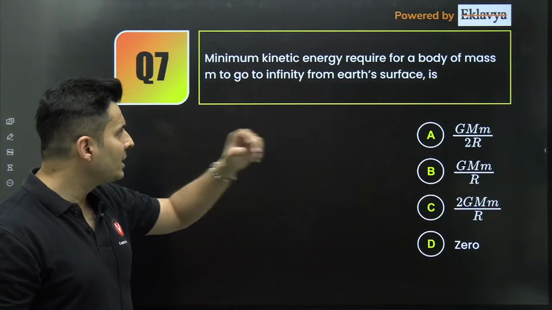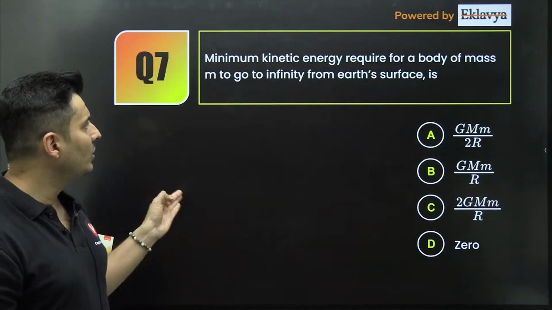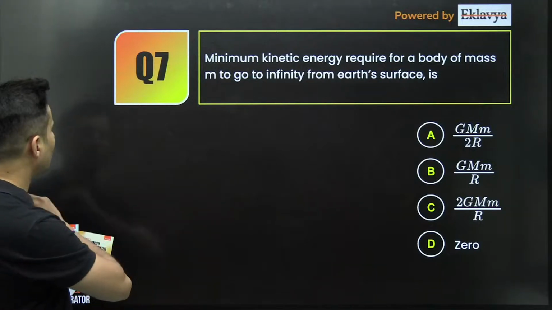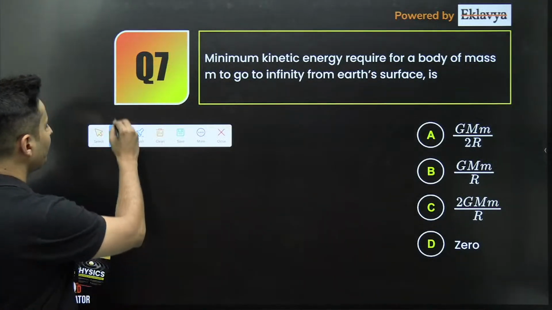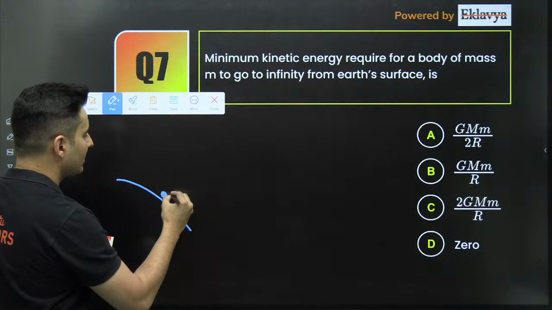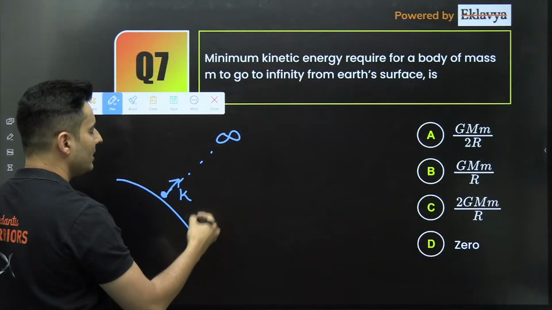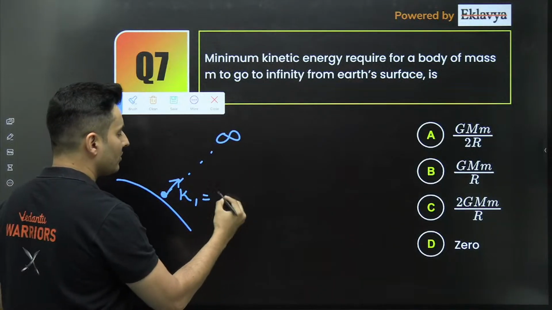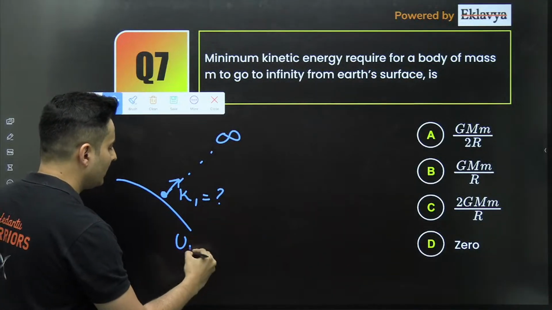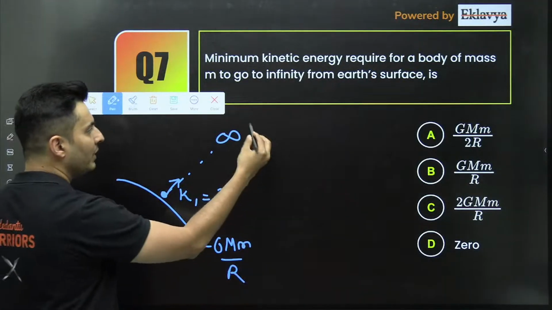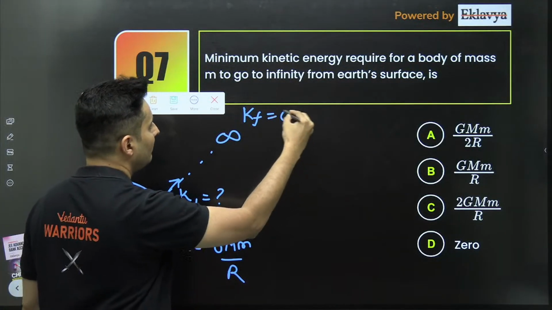Minimum kinetic energy required for a body of mass m to go to infinity from the Earth's surface. What we can do in this particular question is, if you are on the Earth's surface and you want to go to infinity, here you are giving some kinetic energy. That kinetic energy is what has been asked. The potential energy over here will be minus GMm divided by R. When you go to infinity, final kinetic energy will be 0.